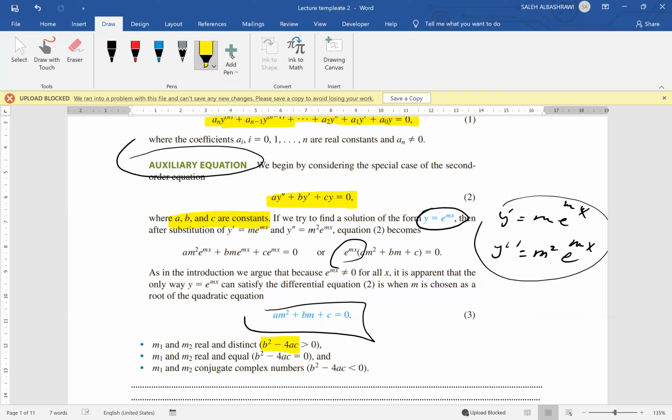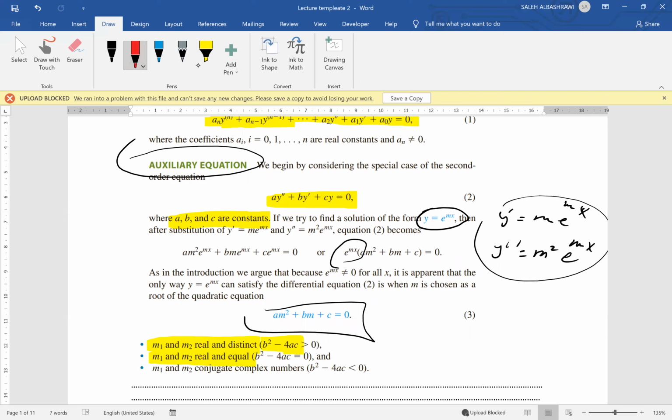If it is greater than 0, then we have two distinct real roots, two different solutions for the quadratic equation. And if the discriminant b squared minus 4ac is equal to 0, then we have one real solution, or one root, but with multiplicity 2. You can say it is duplicated.